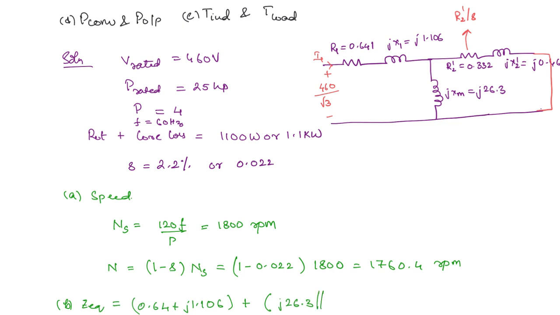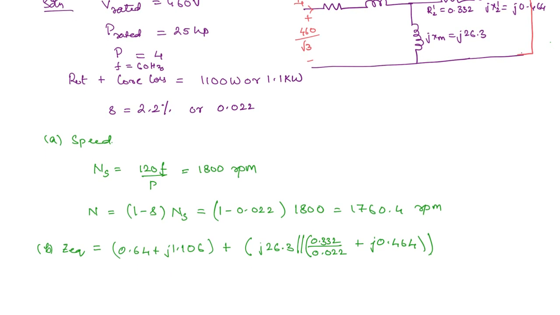This is in parallel with the series combination of R2 dash by S. Remember, this resistance value is not R2 dash but R2 dash by S. So you will write here 0.332 divided by the slip, 0.022, in series with JX2 dash, which is J 0.464.